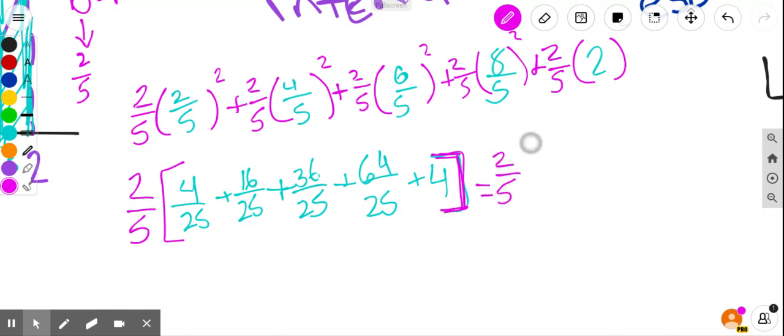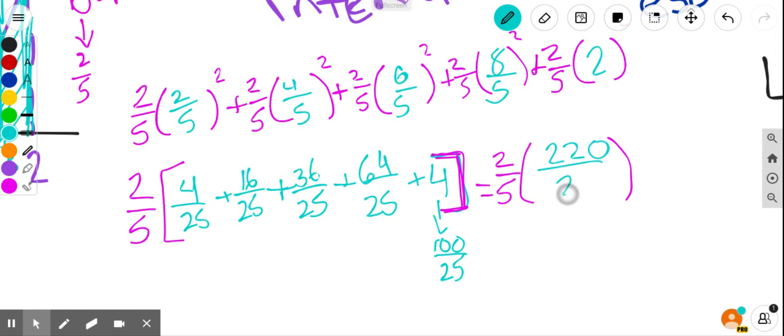2/5 times, let's see. So I'm going to write the 4 as 100 over 25, so I have a common denominator. So 100, 200, 220. So 220 25ths. Wow, that can't be right.